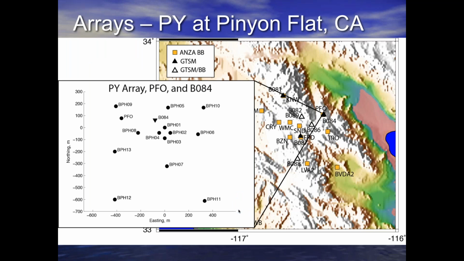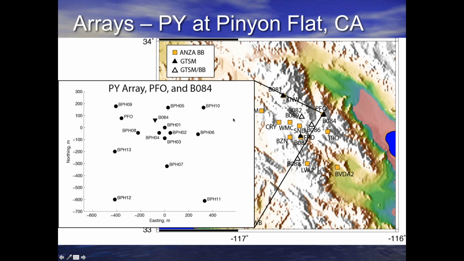So let's step back from Oklahoma and zoom over to California for a second. Here's an array that Frank Vernon put in at Pinyon Flat. It's about the same dimension as the Oklahoma array, about 600 meters on a side, consisting of broadband instruments.